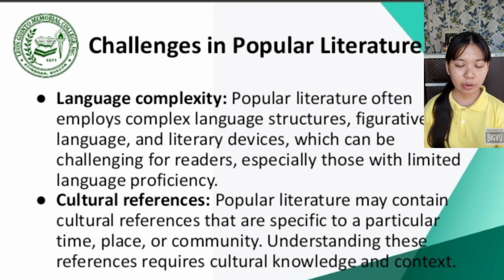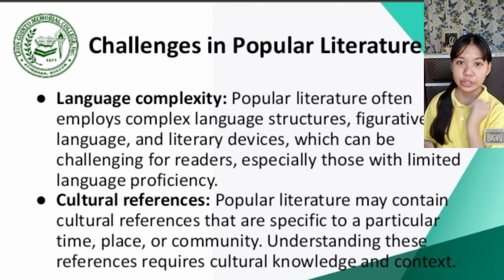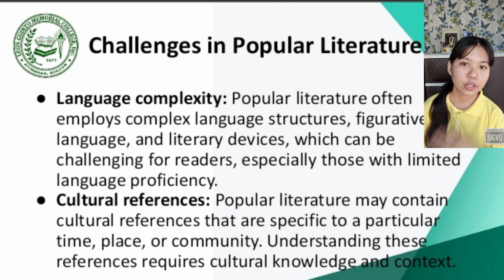Next is literary devices. So these are special tricks writers use to make their stories more engaging. So for instance, they might use symbols like for example heart to represent love, or irony when what happens is the opposite of what you expect. So they use this to add extra layers to the story.